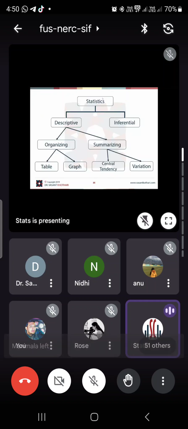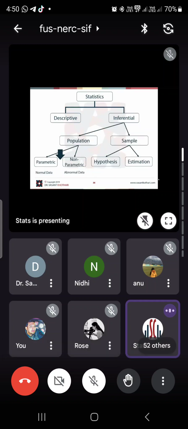Descriptive statistic, we saw that in descriptive statistic, we need to organize the data and summarize the data. How we organize the data is by table and graph, and how we do the summarizing is central tendency and variation. The next is inferential statistics.